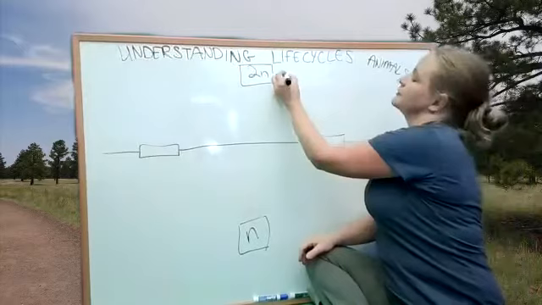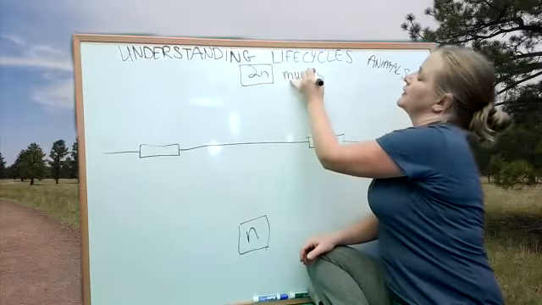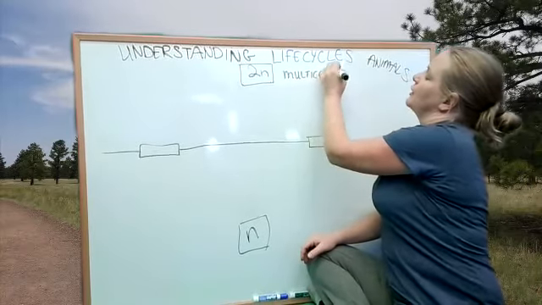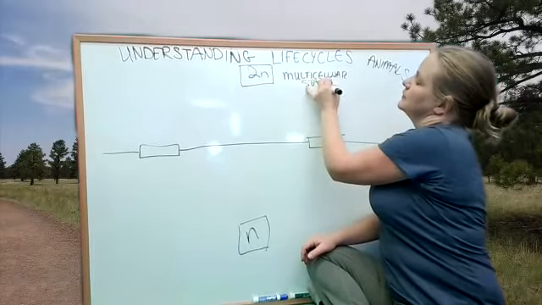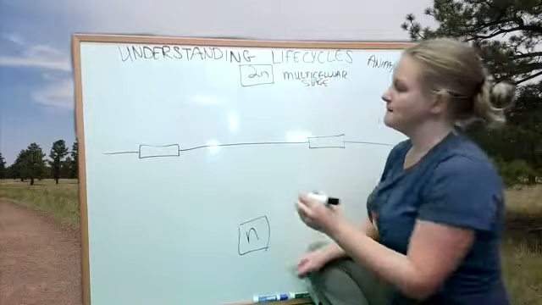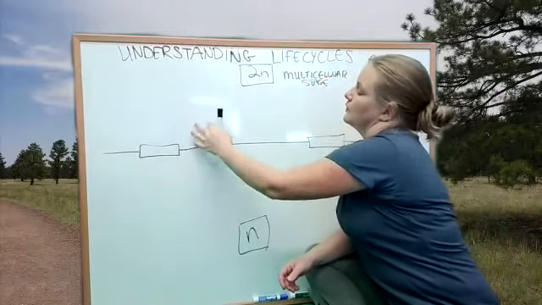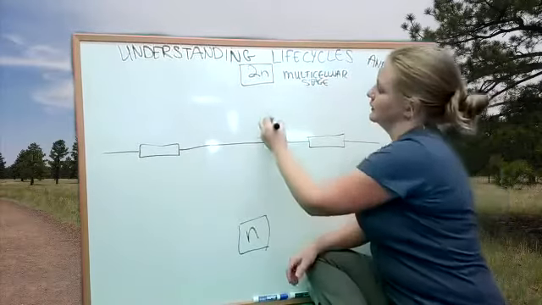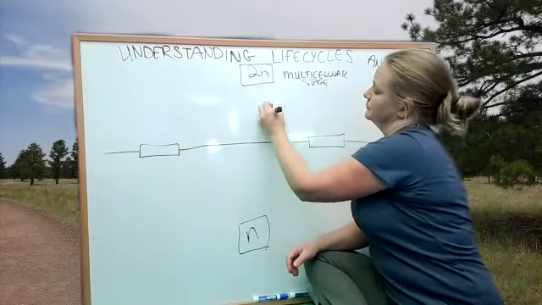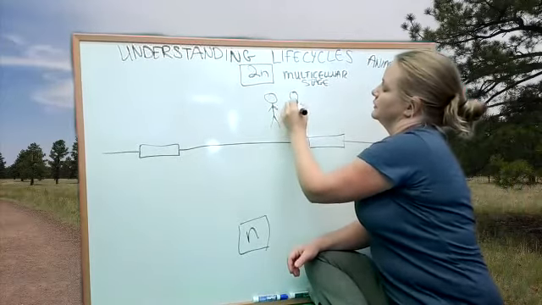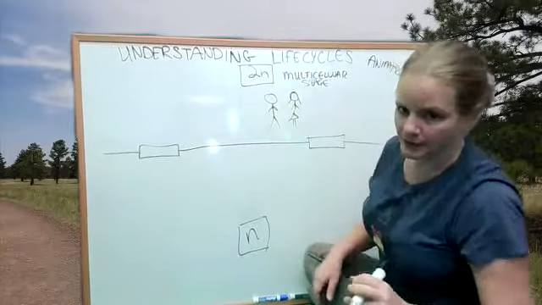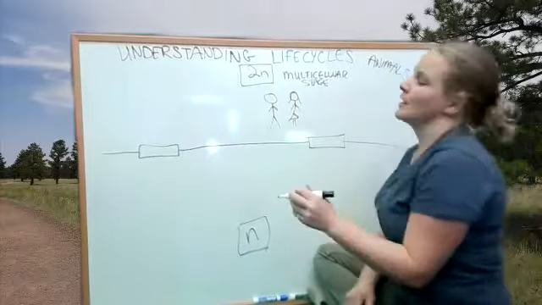So this is where we have our multicellular stage as a diploid. I'm just going to draw a little dude and a little chick. I know this is gender stereotyping, and I'm sorry, but this is just for illustration purposes. I know that there's more complexity than that.